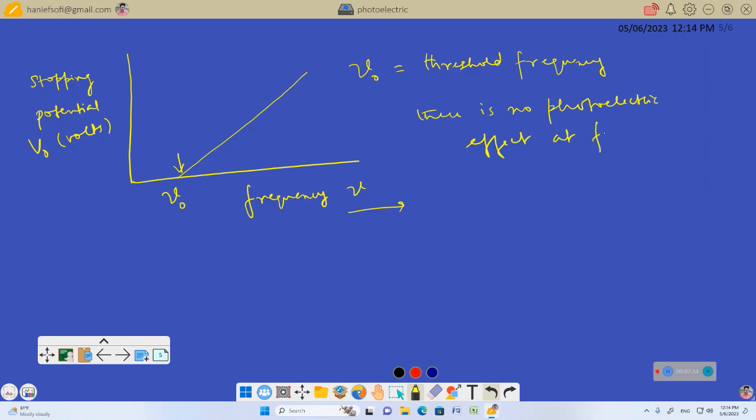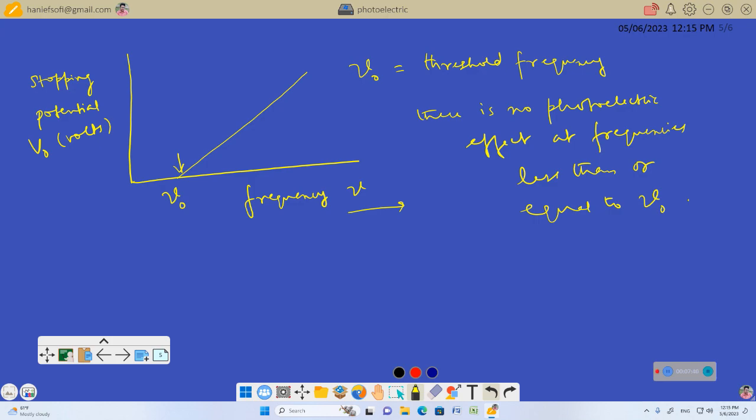There is no photoelectric effect at frequencies less than or equal to the threshold frequency. So this is one more experimental fact about the photoelectric effect, that for every metal surface there exists a threshold frequency.